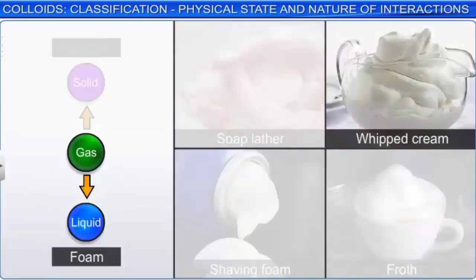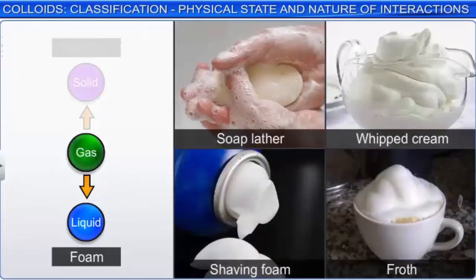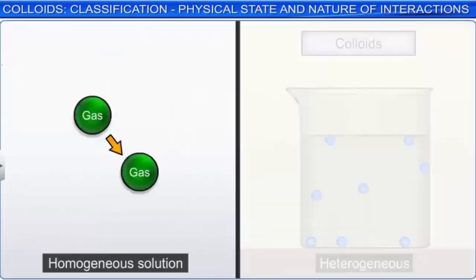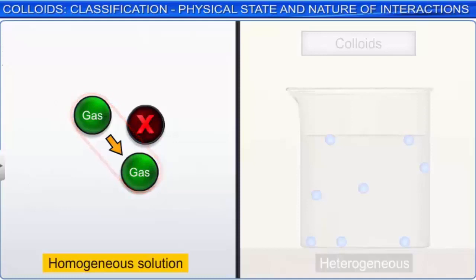It is important to note that a colloidal system of a gas in some other gas is not possible because gases always form a homogeneous solution. Since colloidal systems are heterogeneous, they cannot be obtained by dispersing a gas into another.